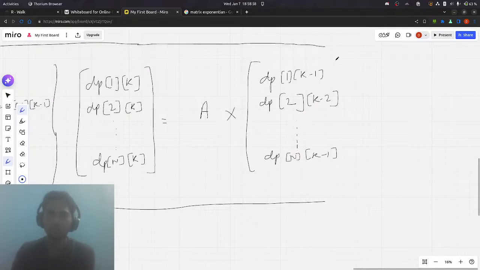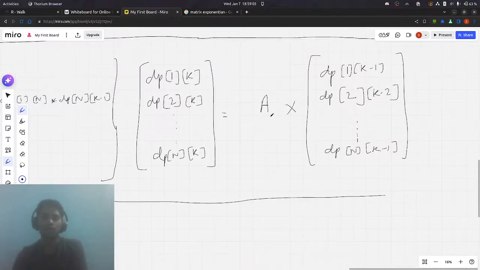Okay, so how matrix multiplication works: this will be at max 50 cross 50, so it will be n cross n only. So n rows will be multiplied with n columns. Oh sorry, n columns will be multiplied by n rows, and that value will be added as this value.